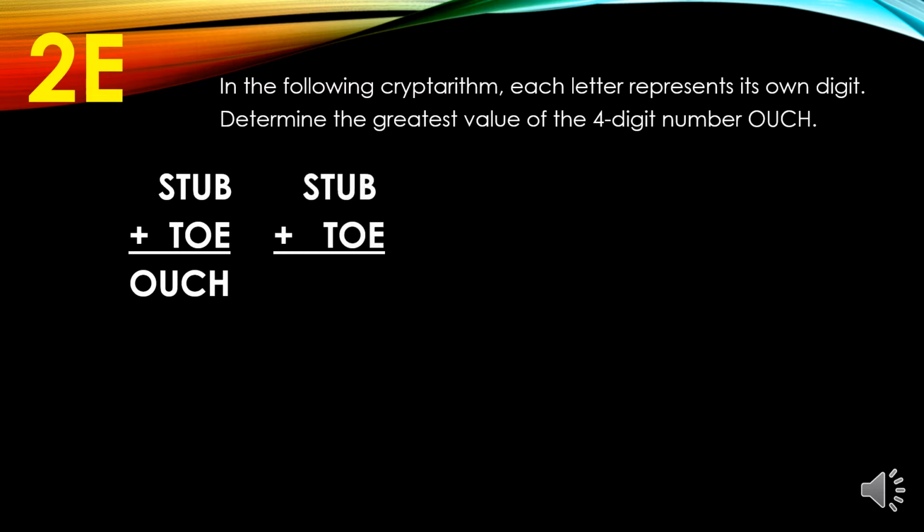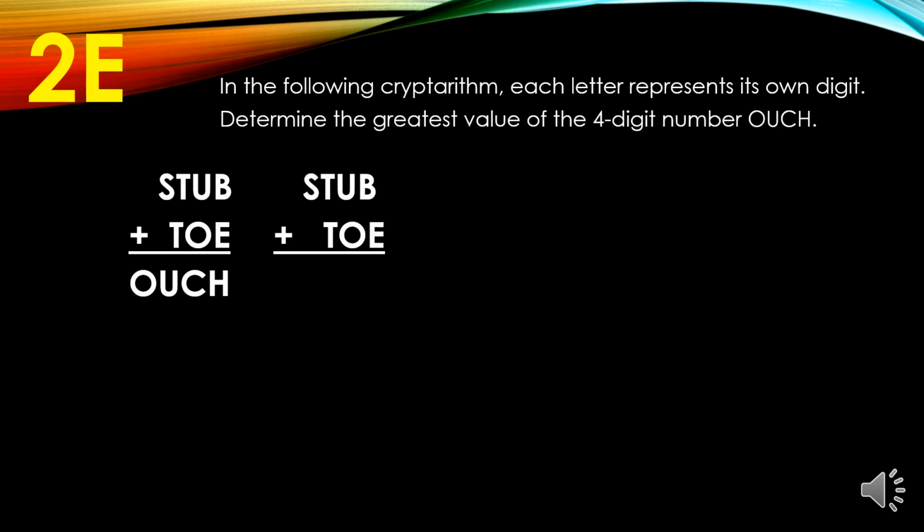No, based on this equation. Okay, so STUB plus TOE. Before that, we have that OUCH. Your O is in the thousands place, U is in the hundreds place, C is in the tens place, and H is in the ones place. Okay, so it means the possible highest number is 1000.